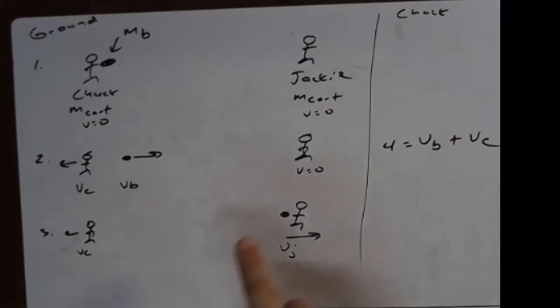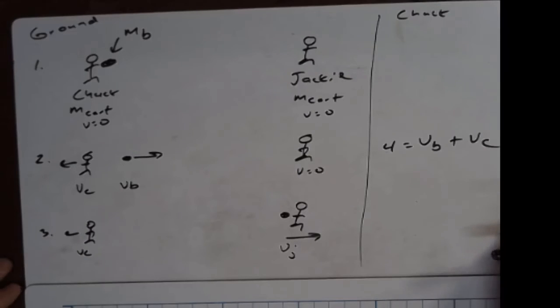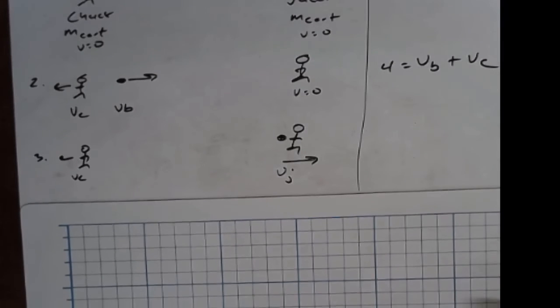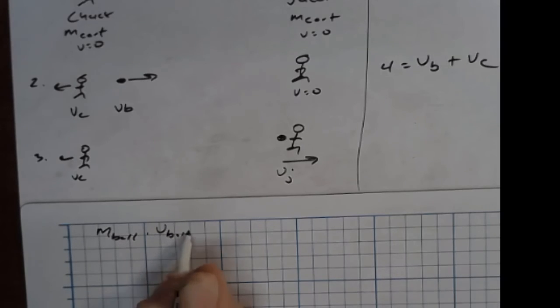So we're talking about this moment here when Jackie catches the ball. And we know at that moment that Jackie doesn't really need to know about what happened with Chuck at all. Chuck's no longer involved. It's just the ball and Jackie. And we have the mass of the ball times the velocity of the ball.